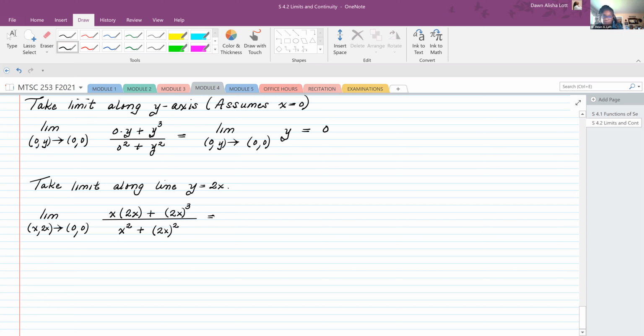So this becomes the limit as x, 2x approaches 0, 0. So now I have 2x squared plus 8x cubed divided by 5x squared.